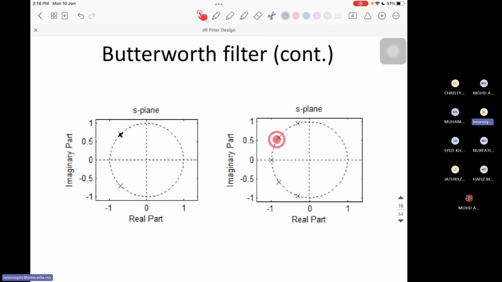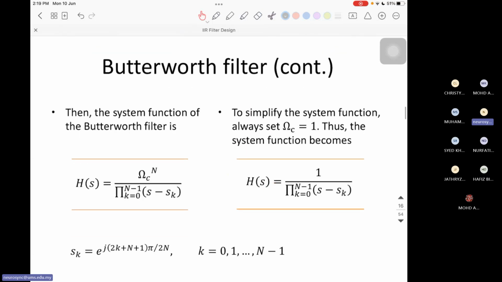If the order is 5, then we get poles like this. These are complex conjugate poles, and one pole is on the real axis. Again they are on the left half plane. Pole locations are strictly on the left half plane.